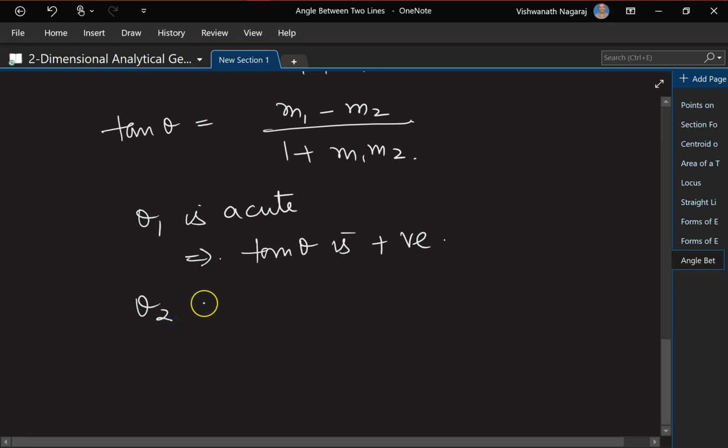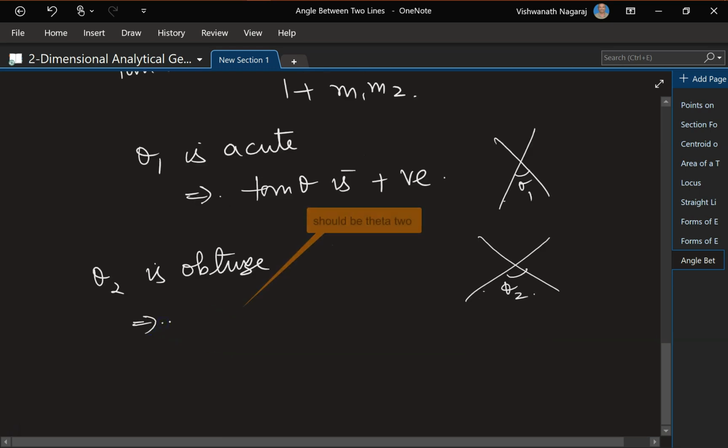Now let's say this is theta 1, and this is theta 2. Theta 2 is let's say obtuse, which implies tan theta is negative. Why? Because cos is negative, sine is positive, so tan will be negative.